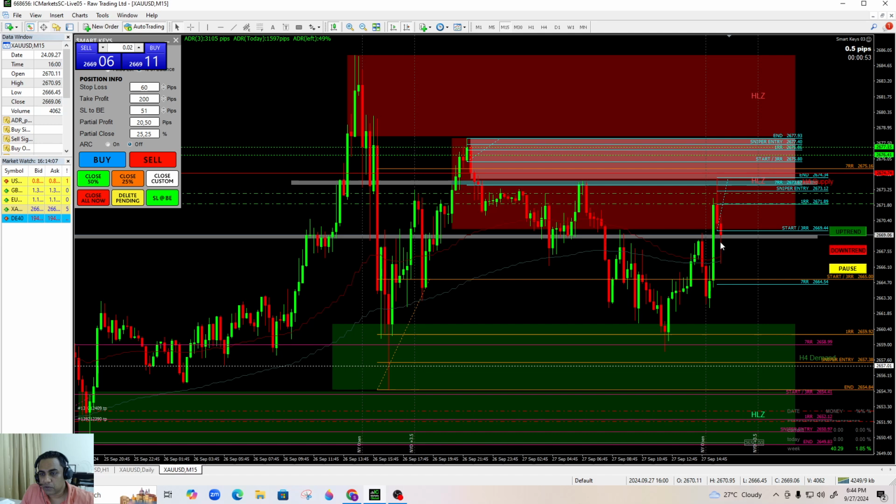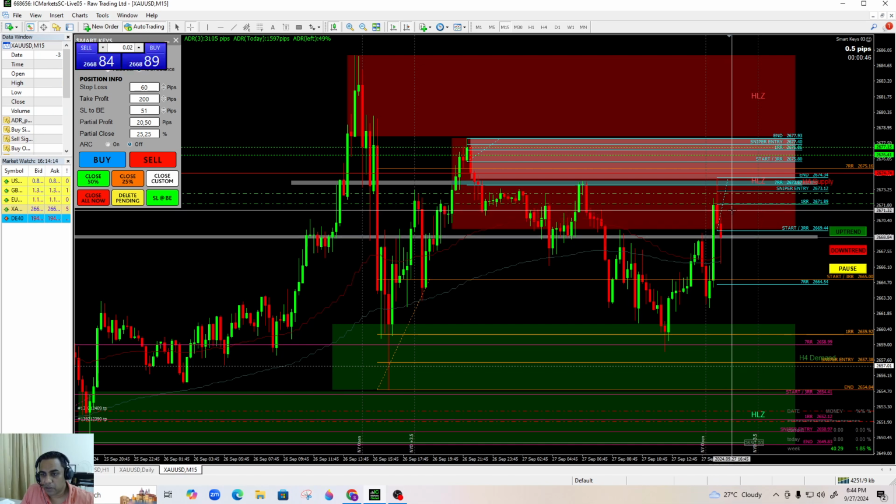A minute for this candle to close. The next one should break the high, but I don't know if we're going to get entry. It might just break the high and continue down.